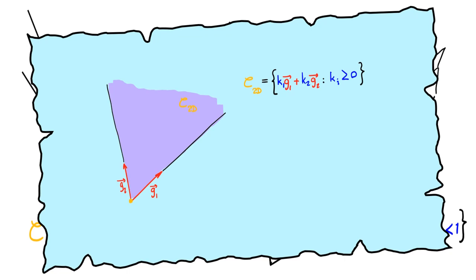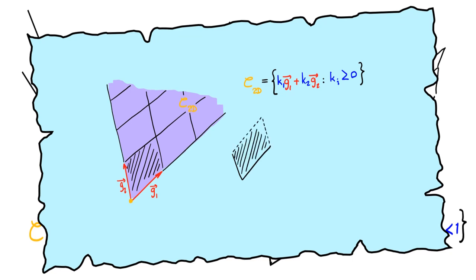Now, it is at least more visually obvious that this cone can be tiled with copies of parallelograms generated by g1 and g2. Notice here that our parallelogram does not contain the top and the right boundaries, because only then can you fill up the entire cone without overlap. Got it?